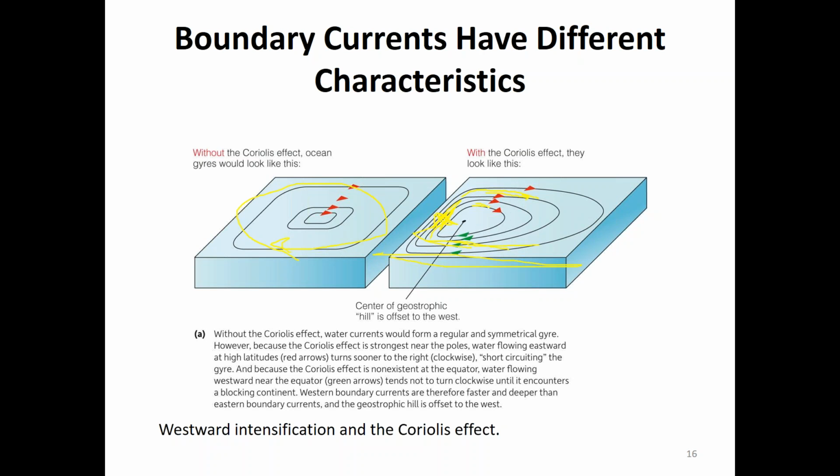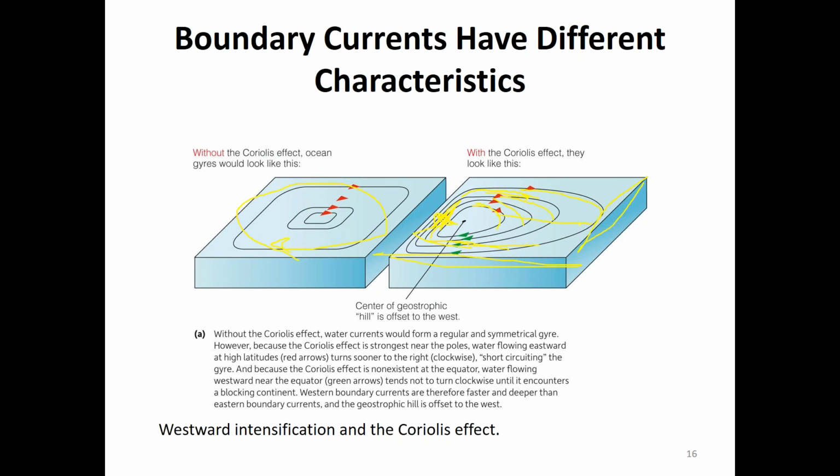And so this water begins to turn to the right because of the stronger Coriolis effect. And so most of the water has already been turned and is heading southward before it reaches the eastern boundary of the basin. So it creates this very broad, diffuse return flow of cold water, a slowly moving, broad, shallow return flow on the eastern boundary of the basin.